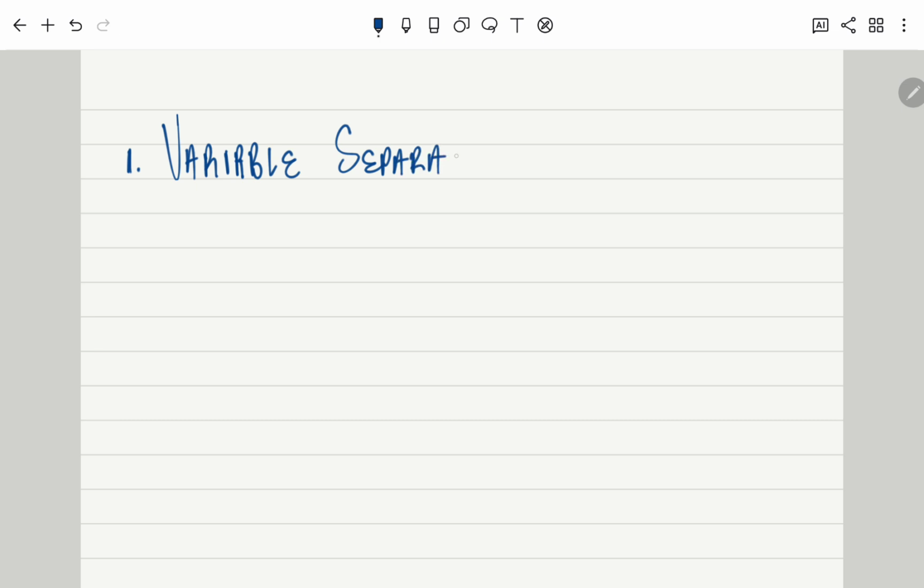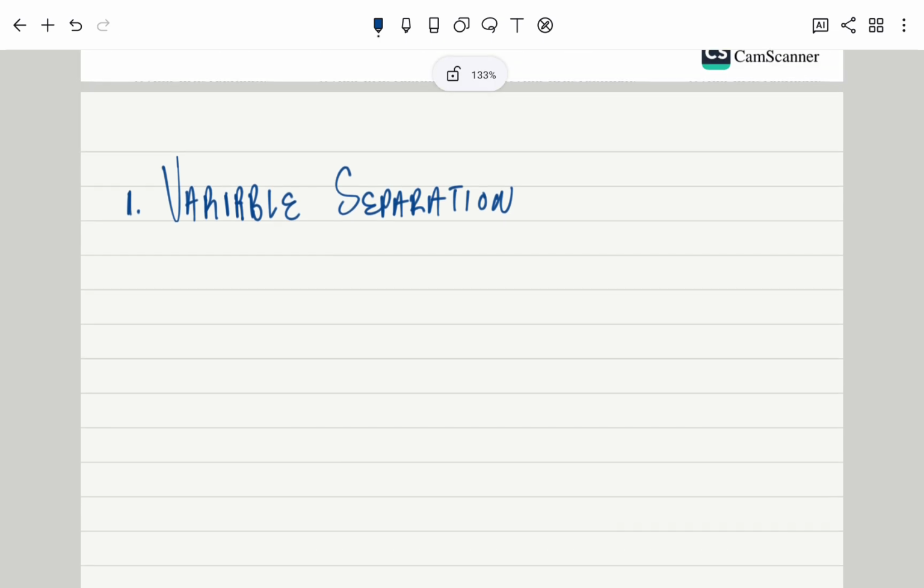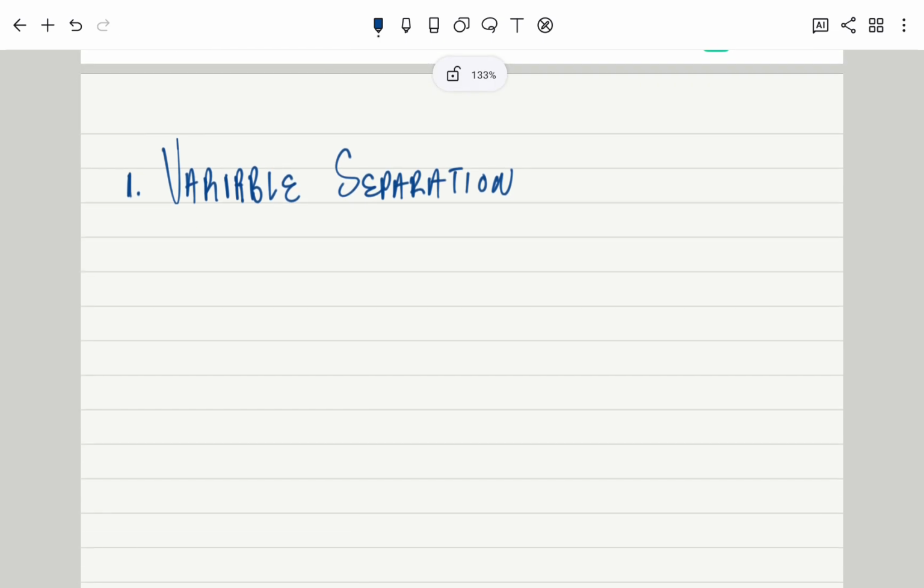Variable separation, where you take everything with y to the side where dy is, and the x goes to the side where you'll have dx. So y and dy on one side, x and dx on the other side. Then you integrate both sides, and you're going to get a constant c. You put it on the left or on the right, we don't care.